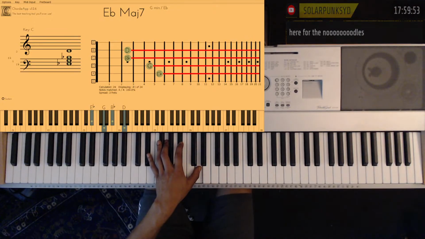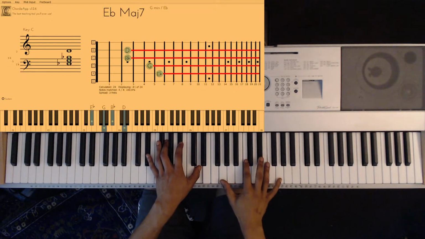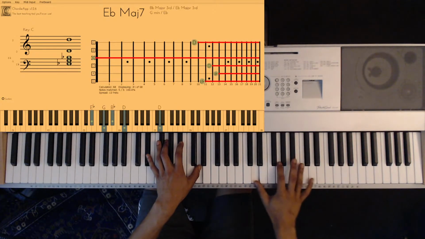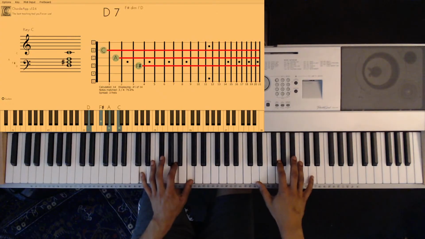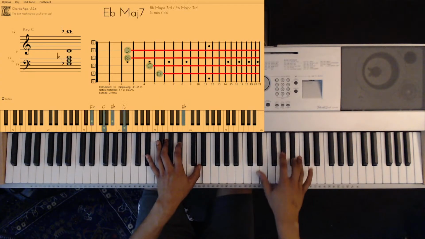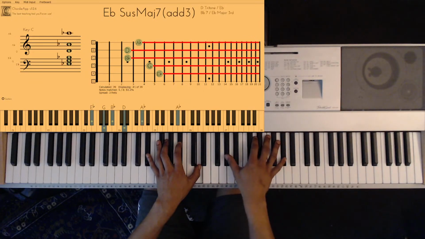How can we help you today? What scale or mode would you like today?